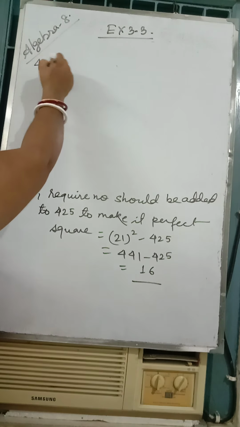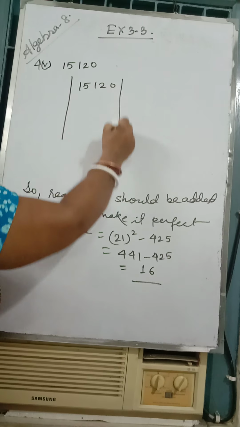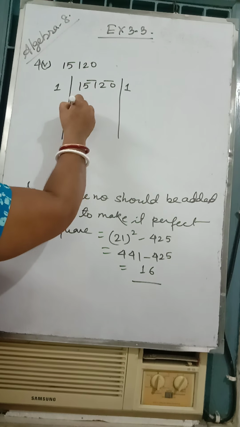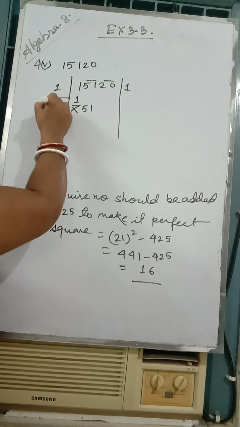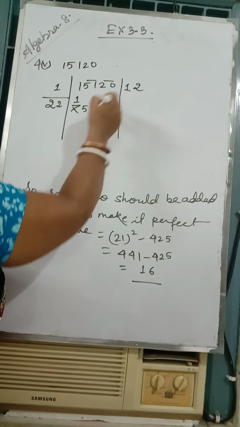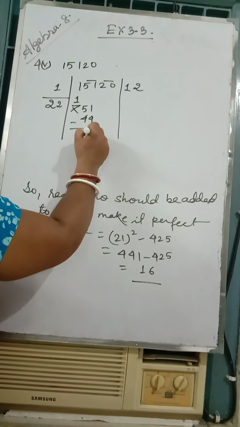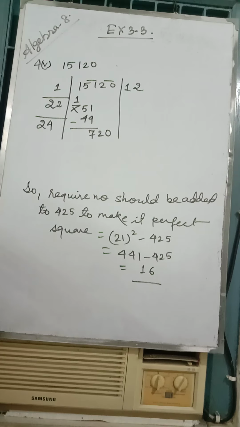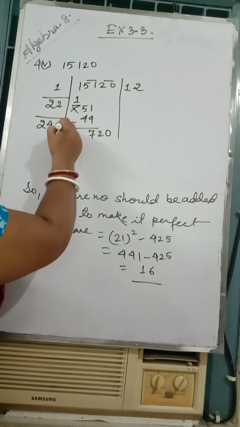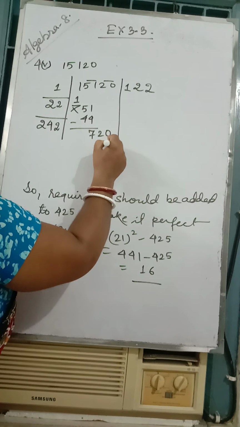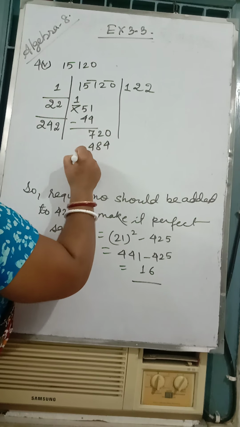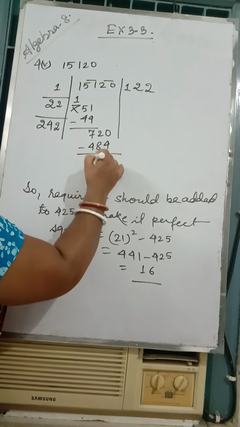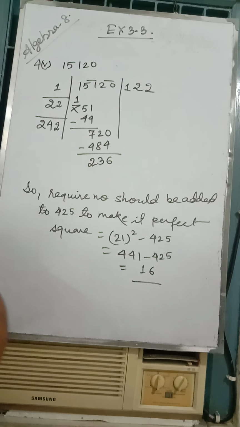We'll get the square root of 15,120. 1, 51. 2 2s are 44. 720. 240. 2 2s are 4. 6. 236.